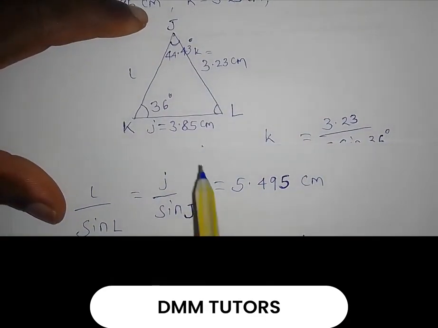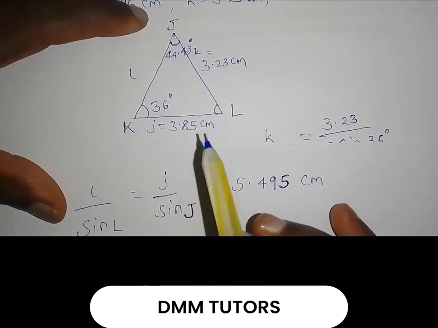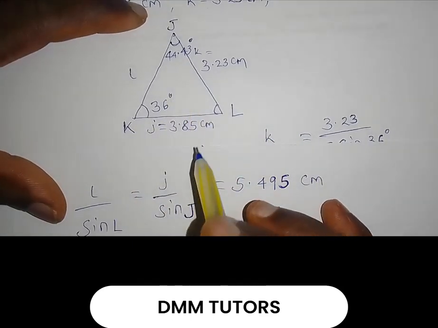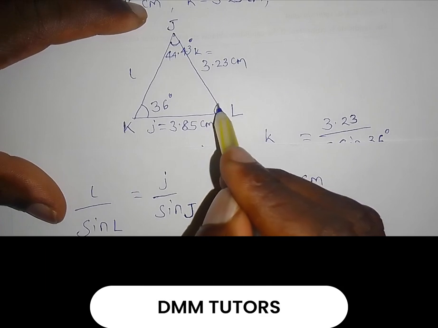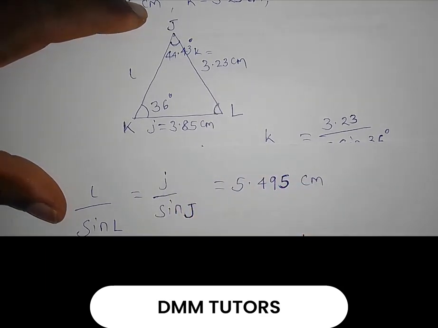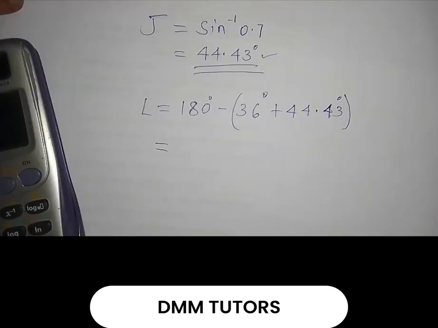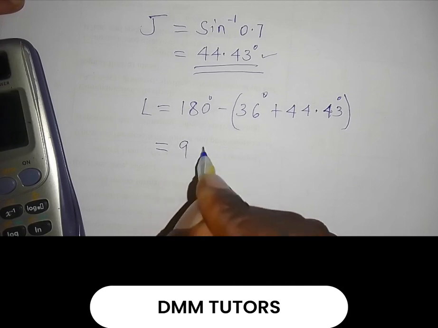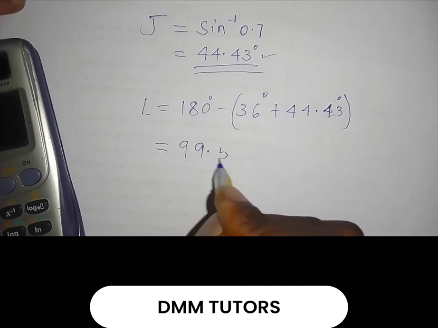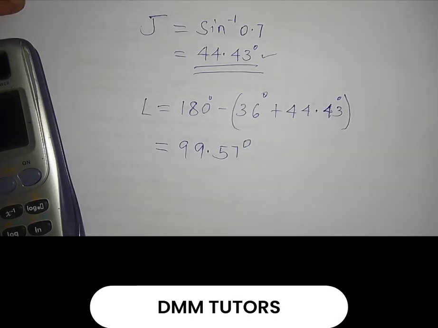So therefore, by understanding that the total angles should be 180 degrees, then we can get the angle at L, which will be given as 180 minus 36 minus 44.43, which is 99.57 degrees. Alright.